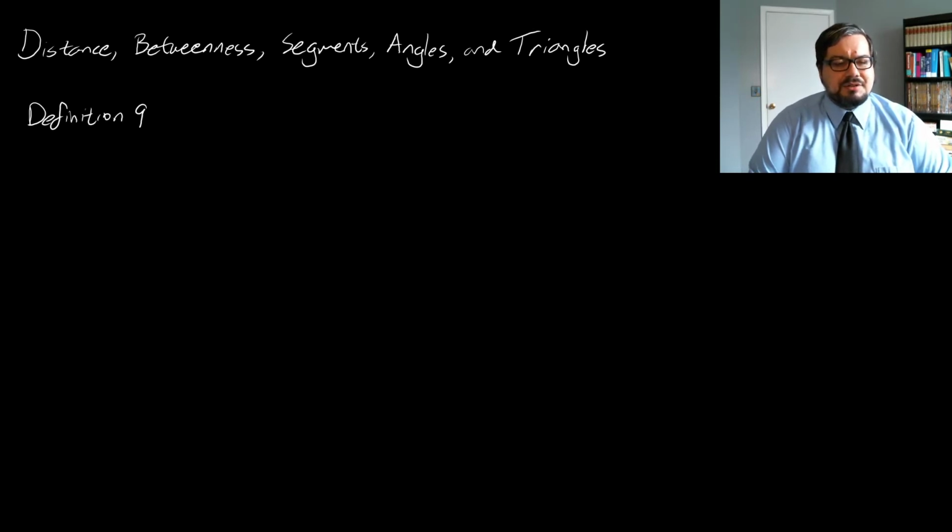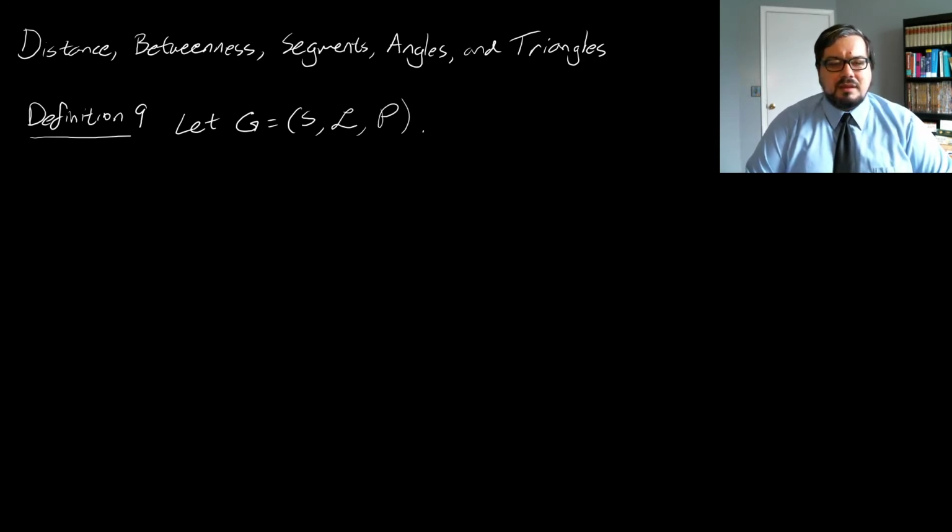Definition 9 tells us what a distance or a metric on a geometry is. So we want to say let G be a geometry. So that's a set of points, a set of lines, and a set of planes. We want that to be a geometry.